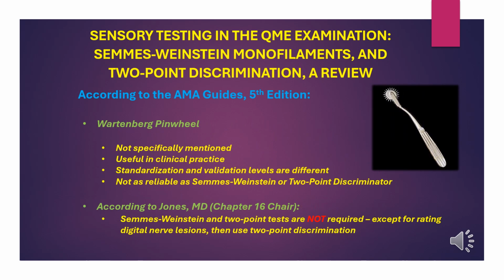Have you noticed an instrument that has conspicuously been omitted in this section when we're discussing peripheral nerve loss and sensory loss? How about the Wartenberg pinwheel? The AMA Guides 5th edition actually does not specifically even mention the Wartenberg pinwheel because instead they're focusing on the standardized methods which have been widely validated and accepted in the medical community for evaluating sensory impairments.